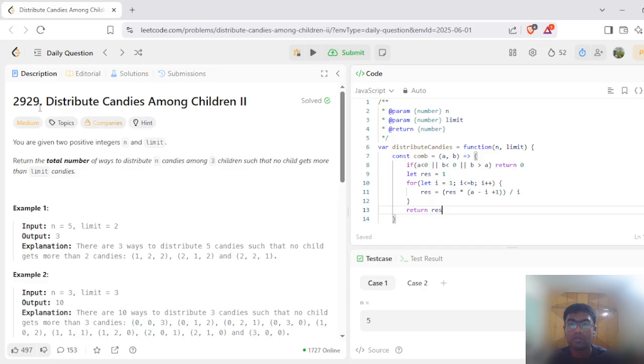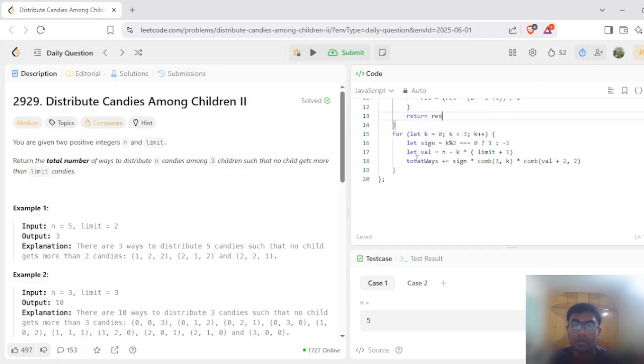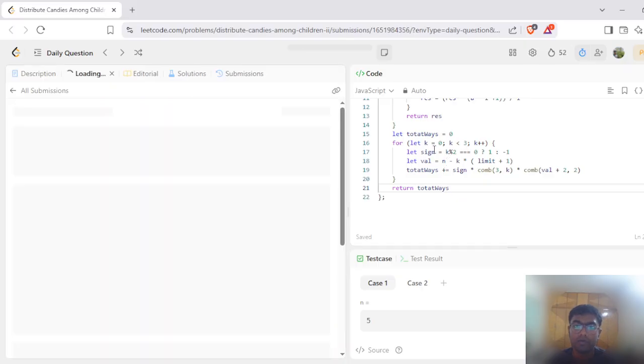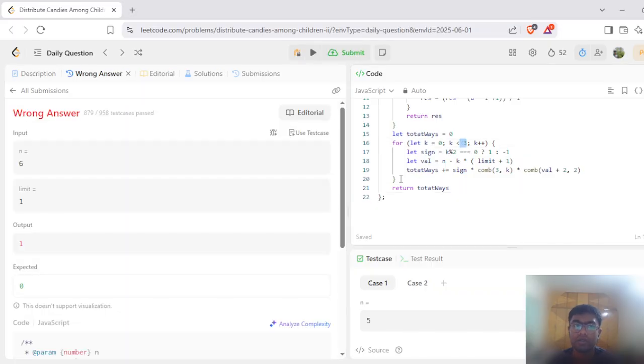Okay, this should be the solution. Maybe we can assign a value. Okay, so this is our solution. Let's try submitting the solution, and this would be of space and time complexity of 1, as we do not have any extra memory consumption here.